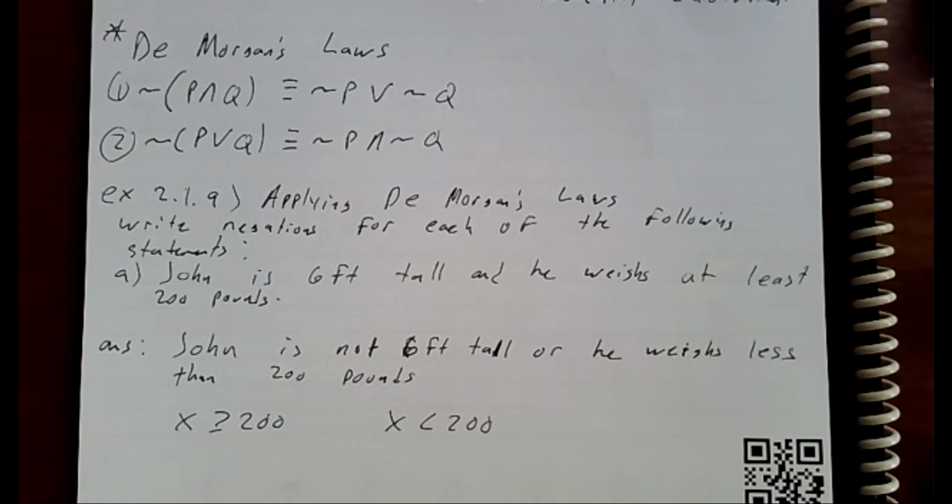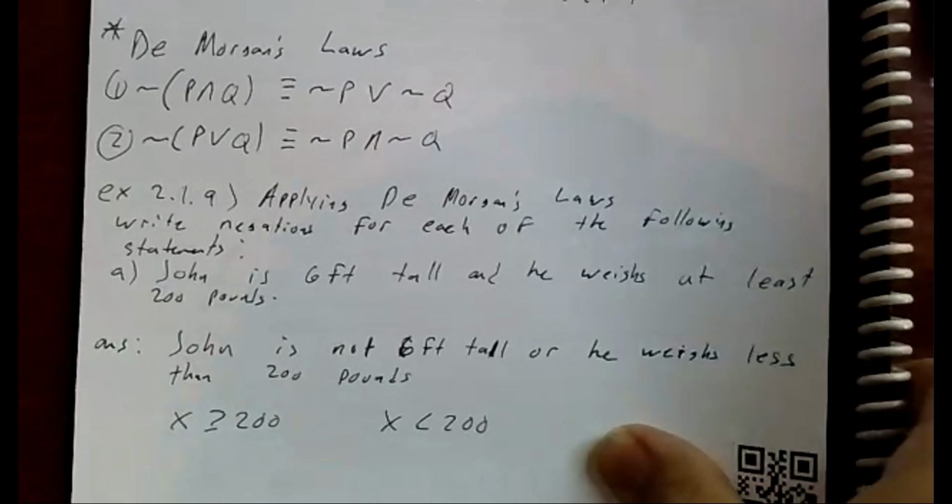Any questions on part A? Okay, let's do another one. This time I'm going to give you some time to think about it. That way you can try it out too.